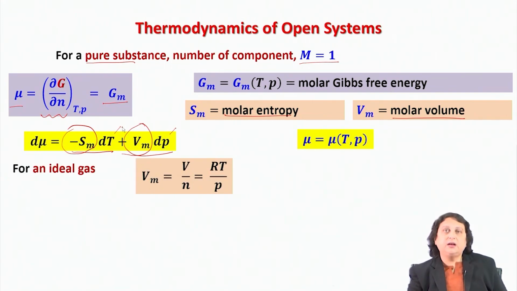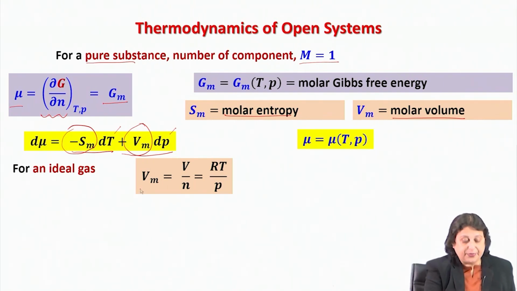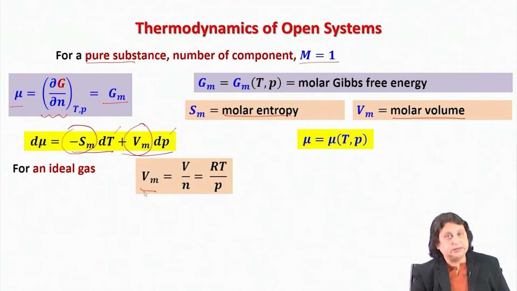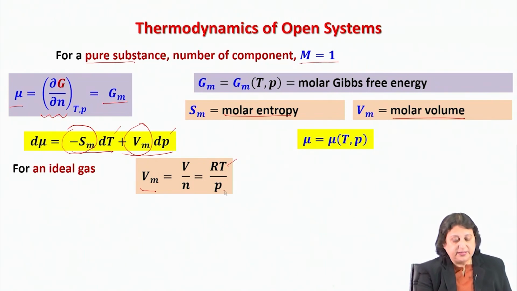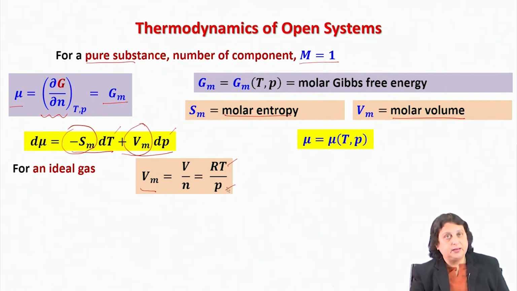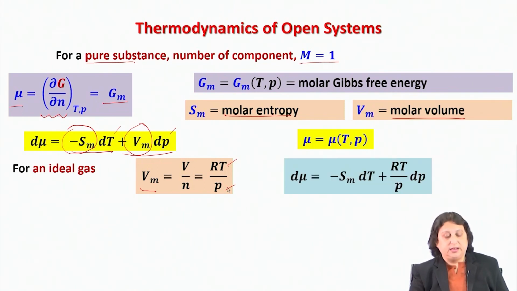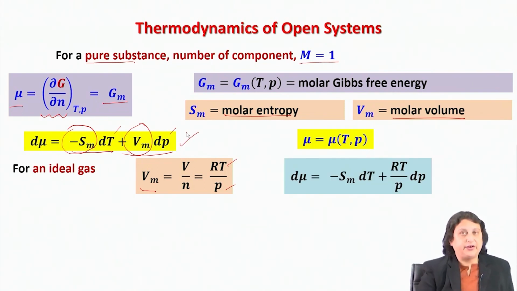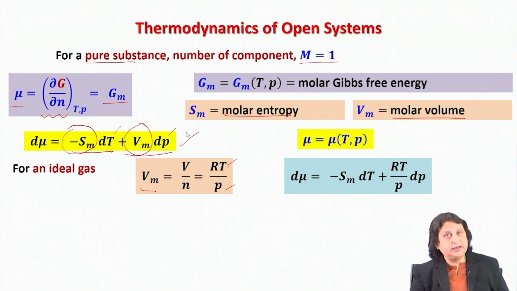Let us next think about whether we can determine the chemical potential for an ideal gas, where I do know how to express Vm, that is the molar volume, in terms of the temperature and the pressure of the gas. If I take this expression and put it in the equation that I've already derived, what do I get?